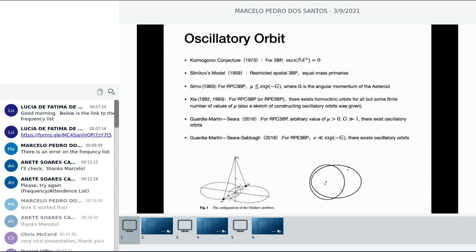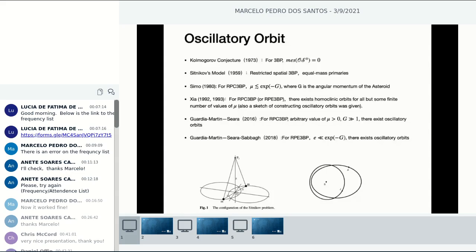Basically, there are two equal mass primaries moving on a plane, and there is a vertical axis across the center of mass of the primaries, and there is a massless asteroid moving on the vertical axis. Due to the gravitation of the primaries, P3 will move up and down.